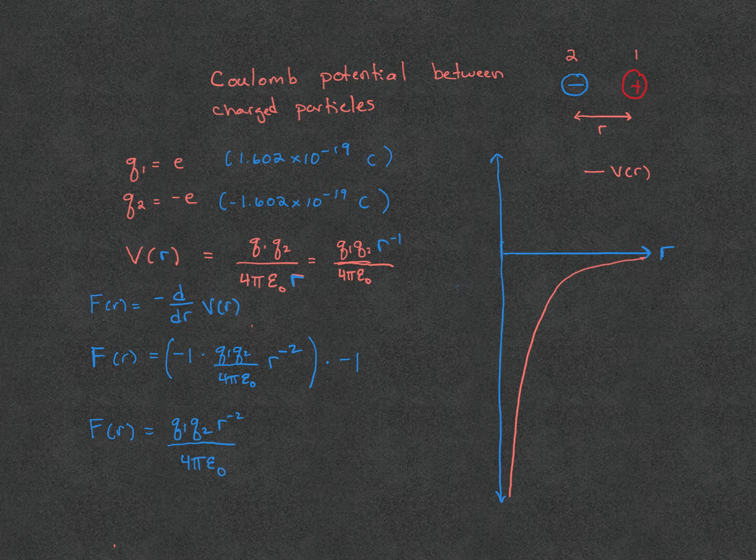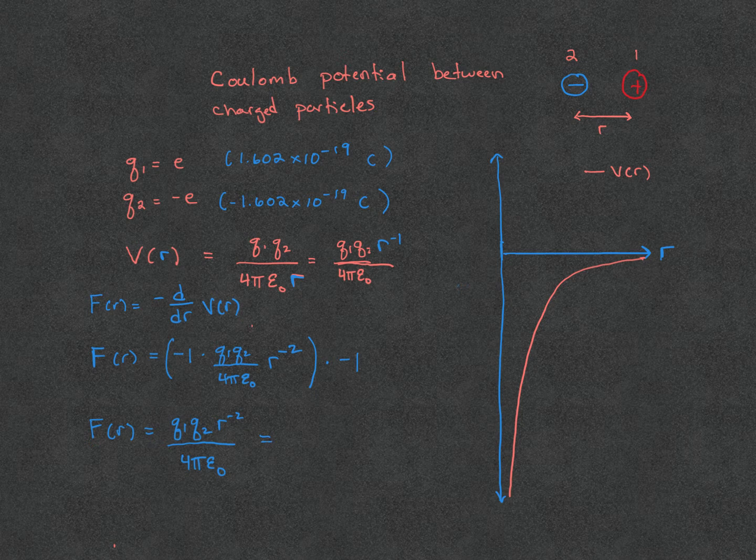Where did I get the positive 1? I had a -1 here and multiplied by a -1 here. So -1 times -1 gives me +1.